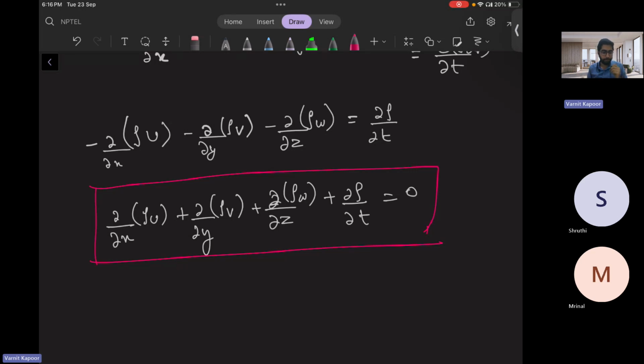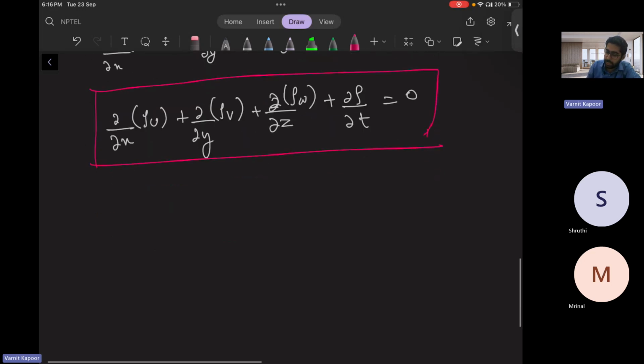We have already covered these types of flow in the previous tutorial. So this is the general continuity equation.